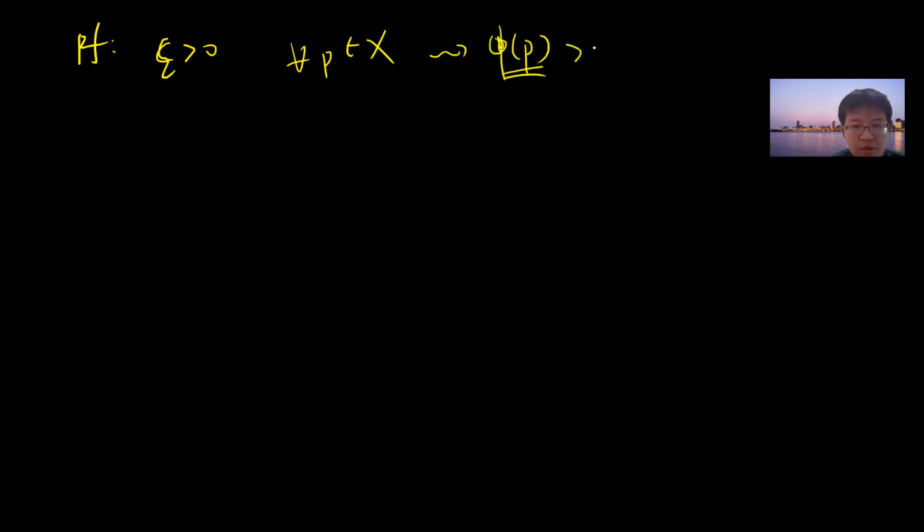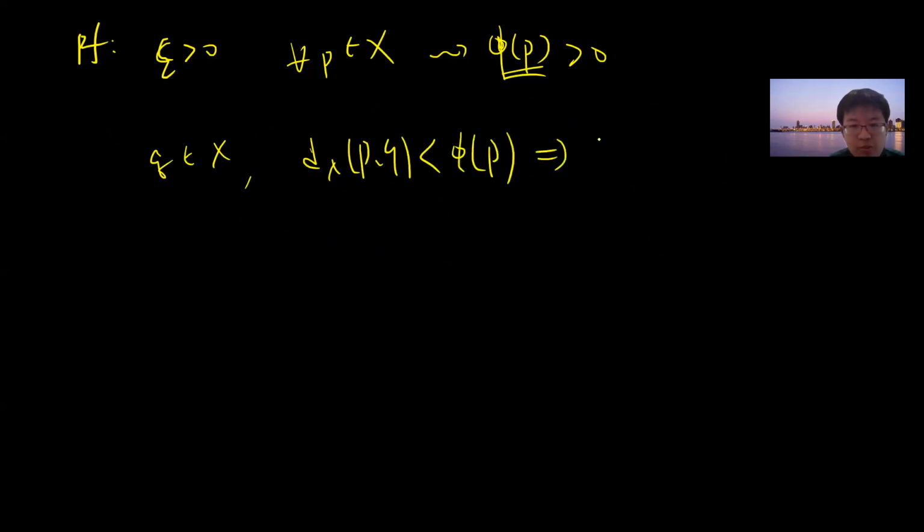Let me see how to prove it. Let's say you are given epsilon greater than 0, right? f is continuous. So for each p belonging to X, there is a positive number phi(p) such that for all q in X, d_X(p, q) less than phi(p) implies d_Y(f(p), f(q)) less than epsilon divided by 2.